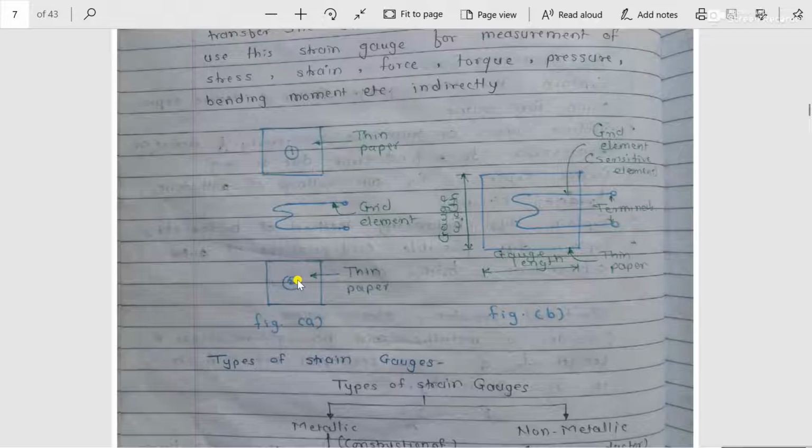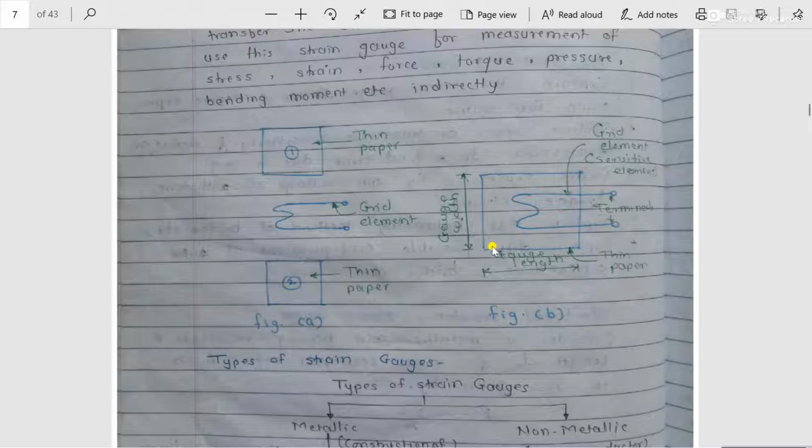And the third important advantage is that due to these thin papers, I can handle this strain gauge very easily. The grid element or the sensitive element is very small in construction, a very small structure prepared by using very thin wires, and the diameter of the wire is approximately 0.025 mm.